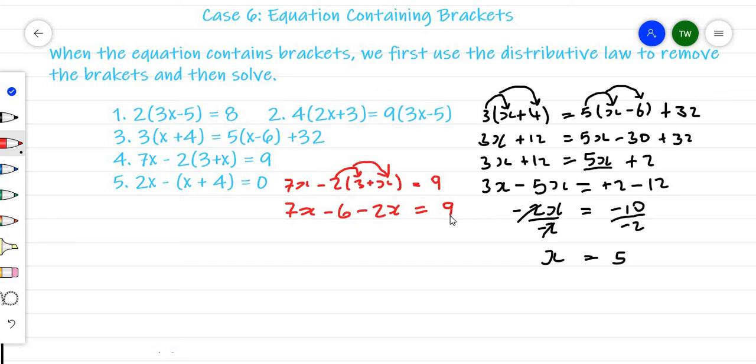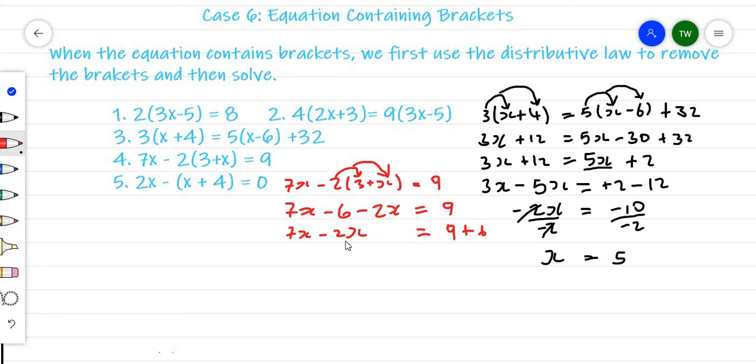Here, I'm going to group the like terms. So I'm going to write my 7x minus this 2x which is equal to 9. And if I bring this minus 6 across, it becomes plus 6.